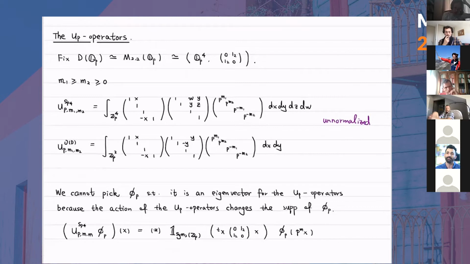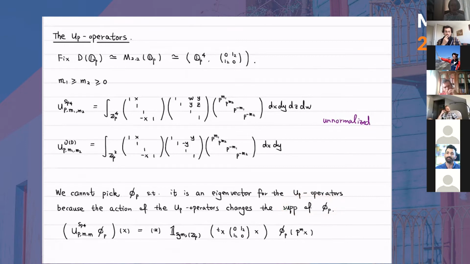So first, if we want good properties for UP operators, probably the first thing you might want is to pick a section such that it is an eigenvector for the UP operators. But in this case, probably it's not going to be possible because the action of the UP operators will change the support of these Schwartz functions.